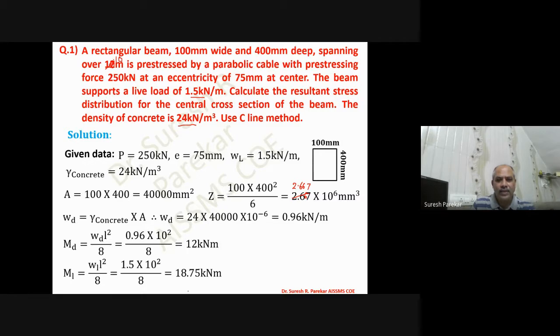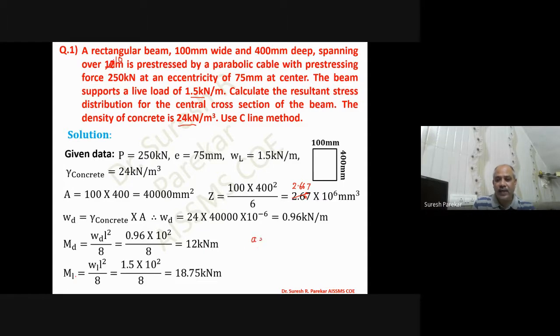Then we have 12 kilonewton meter, and ML is 1.5 into 10 squared divided by 8, so we have 18.75 kilonewton meter.